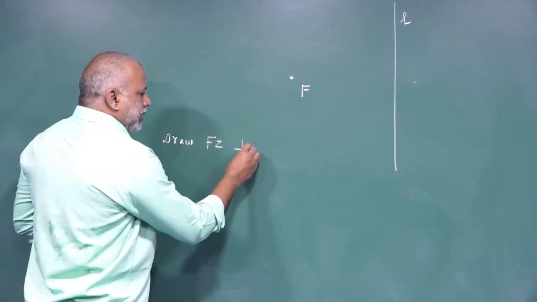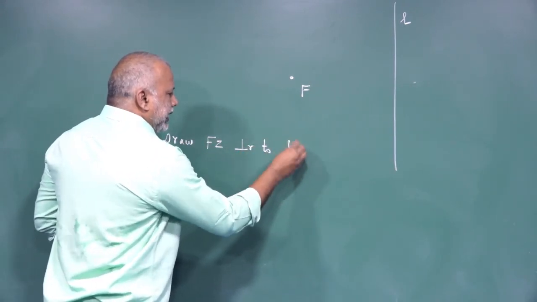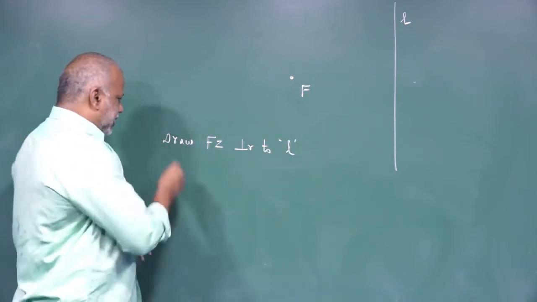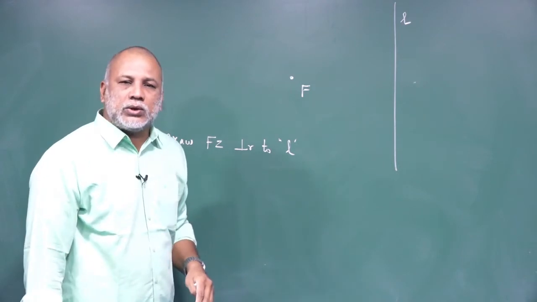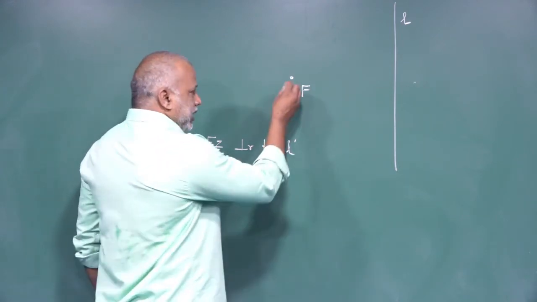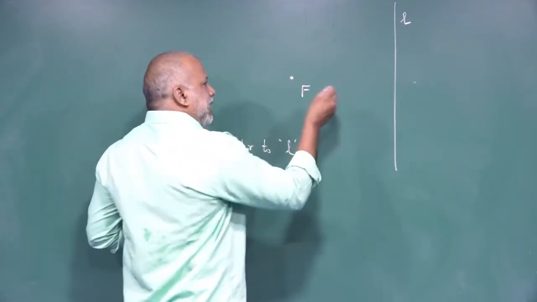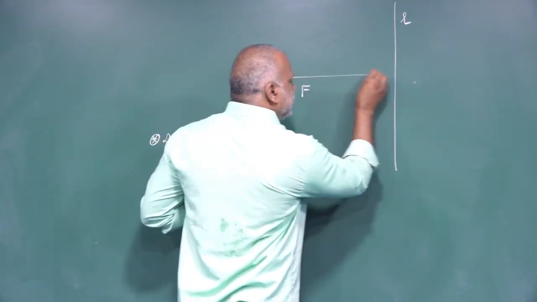FZ perpendicular to the directrix L. This is the next topic. Draw FZ perpendicular to the directrix L. See, I am giving the explanation as well as drawing the diagrams.